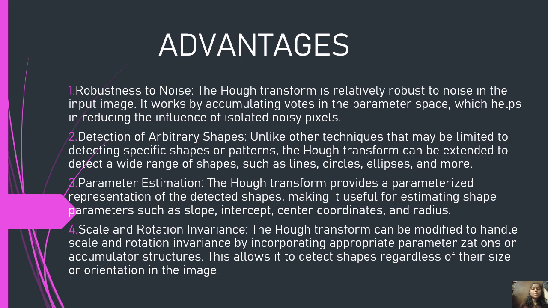The Hough transform provides a parameterized representation of the detected shapes, making it useful for estimating shape parameters such as slope, intercept, center coordinates, and radius. Scale and rotation invariance. The Hough transform can be modified to handle scale and rotation invariance by incorporating appropriate parameters and accumulator structures. This allows it to detect shapes regardless of the orientation in the image.